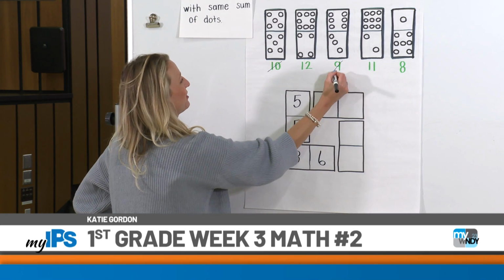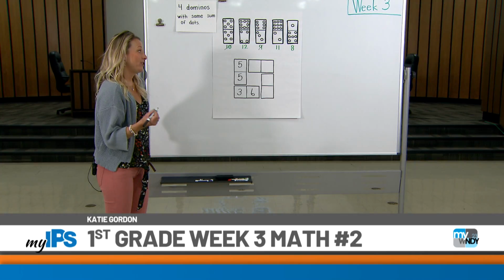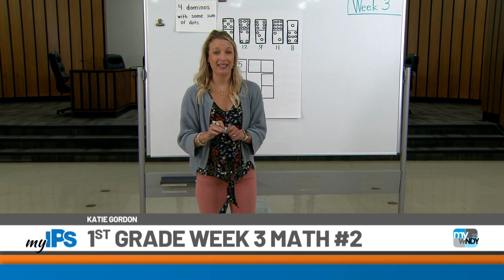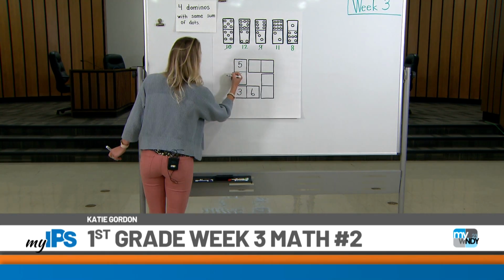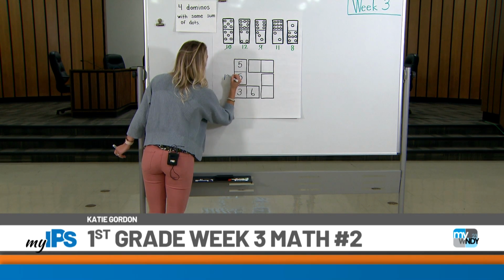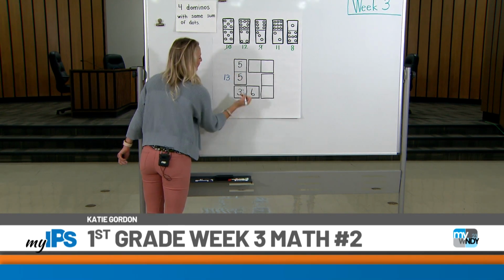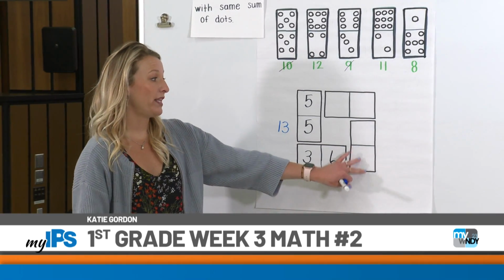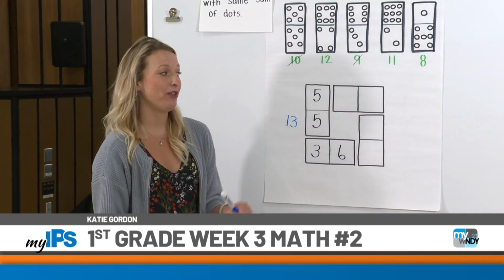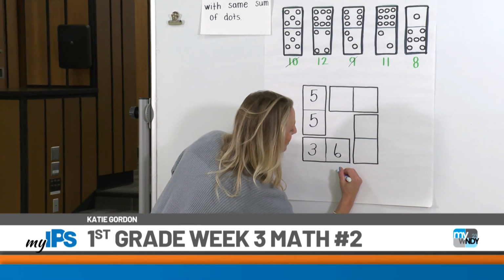And so the 9 is also already used. Your hint is that each side needs to equal 13. So if your sum is 13 for this side, and I've given you your next part, you need to identify what this domino is and what that domino is for each of these sides to be 13.